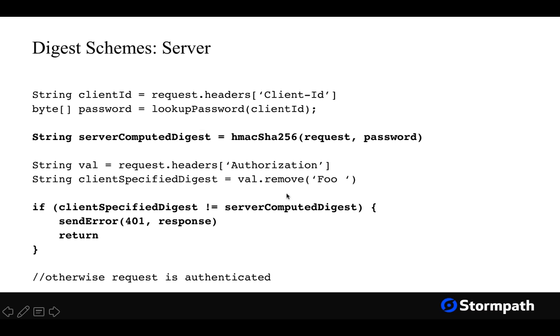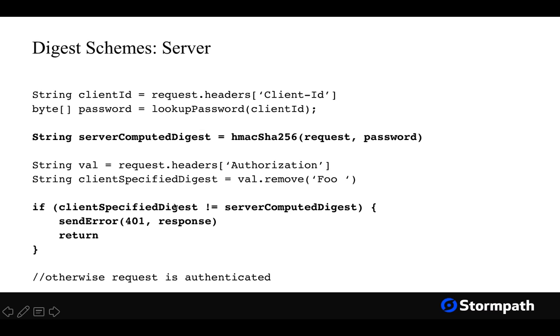That will result in what we're calling here a server computed digest value. They can compute the server computed digest value and then compare it with the value that's in the authorization header. And if the client specified value is the exact same as the server specified value, the server knows that only that client could have created that digital signature, and it can trust the request.